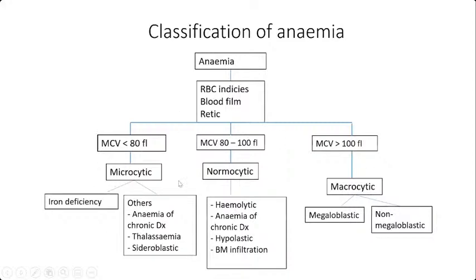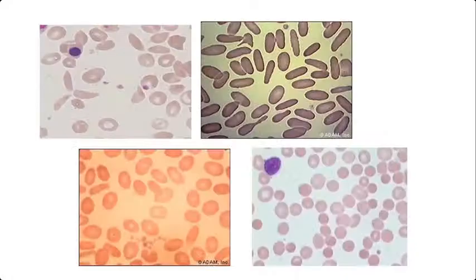So once we've done these preliminary tests, and together with what we found in the history, we now can know which other tests to perform that will help us clinch the diagnosis. So now we can take a little break and we can now have a look at some peripheral blood films.